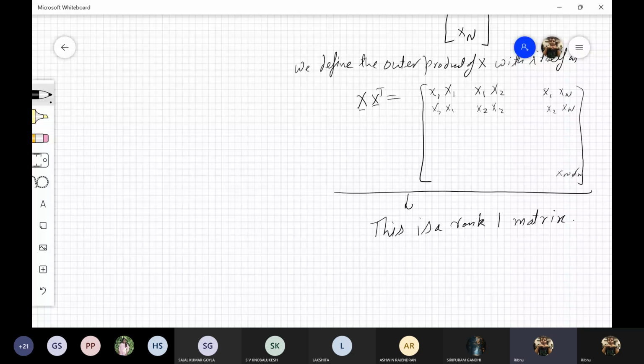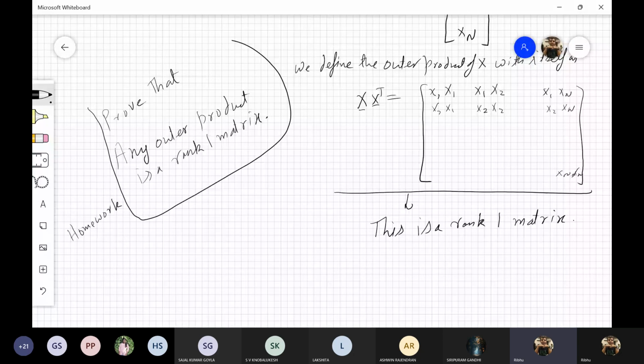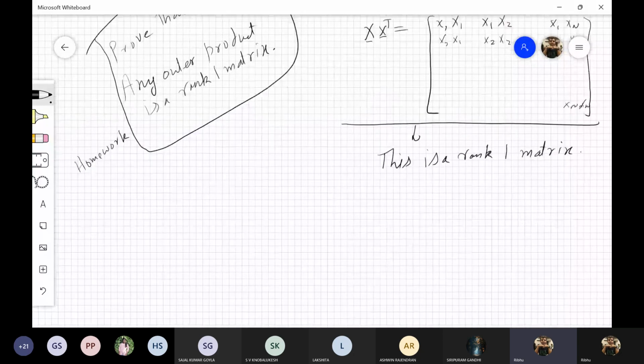So I'll say that and write this as a separate exercise: the outer product is a rank 1 matrix. So is this result obvious, or do I need to prove this? Actually, better, prove that any outer product is a rank 1 matrix.